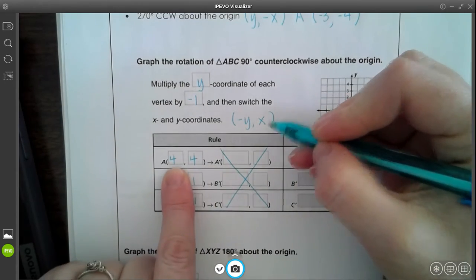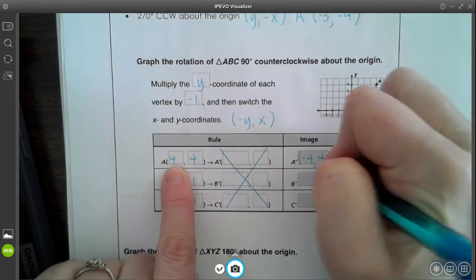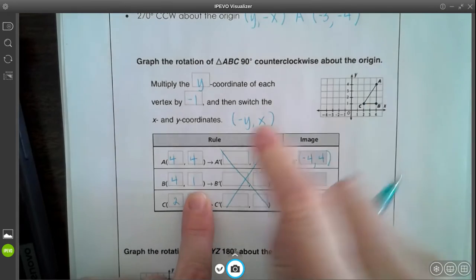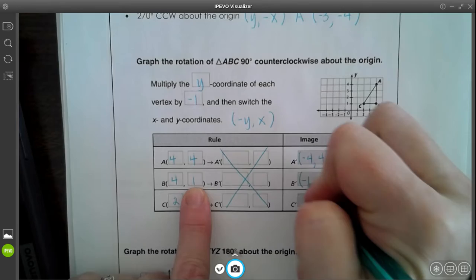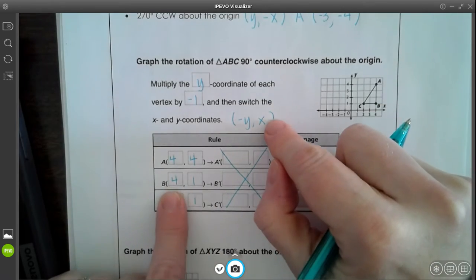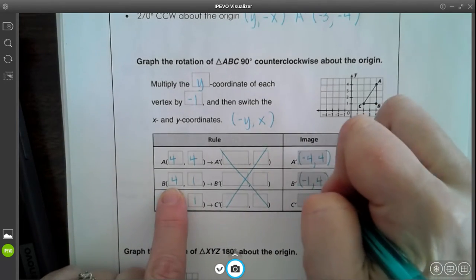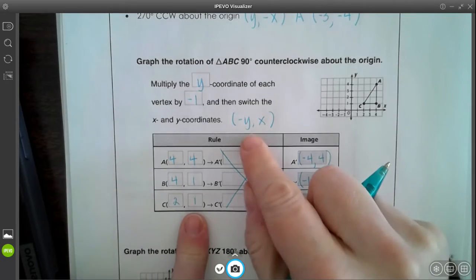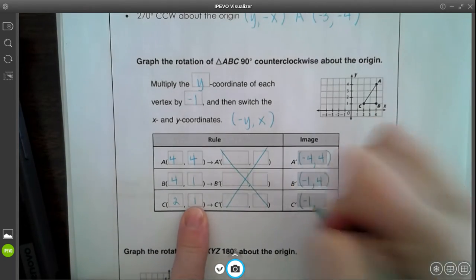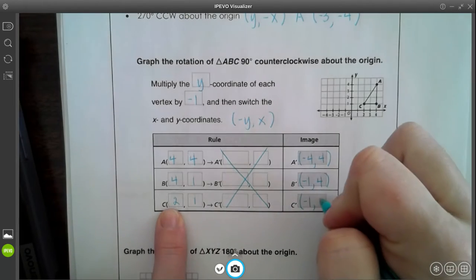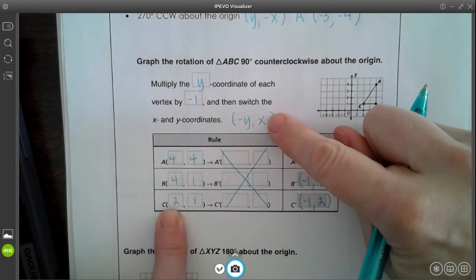And then we write the x coordinate, which is 4. The next one, again, start with the opposite of the y, and the y is 1, so the opposite of +1 is -1. And then we write the x coordinate, which is 4. And for the last one, again, start with the opposite of the y. The y is +1, so the opposite of that would be -1. And then the x coordinate is 2.